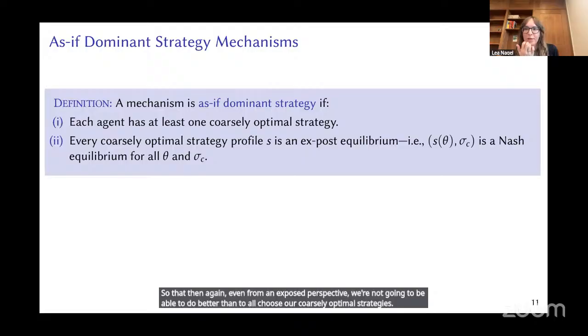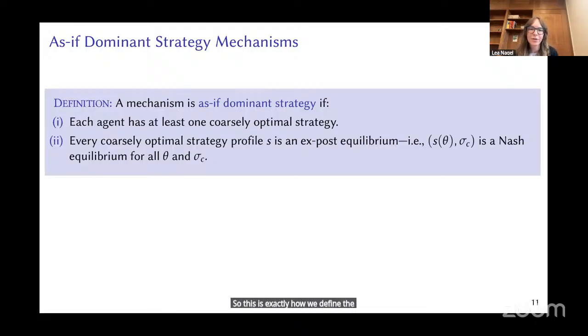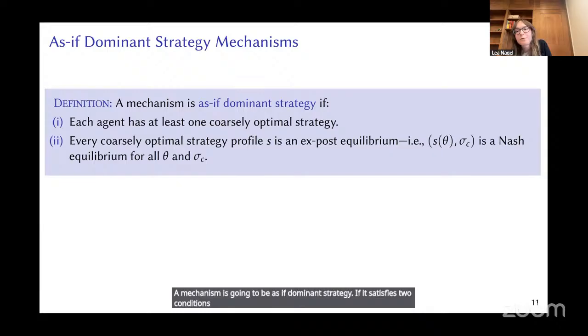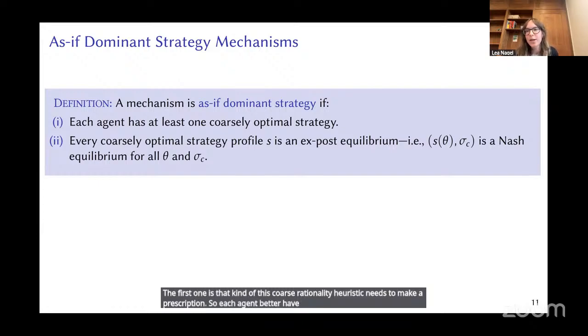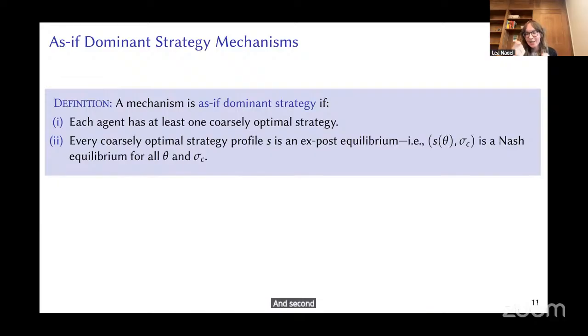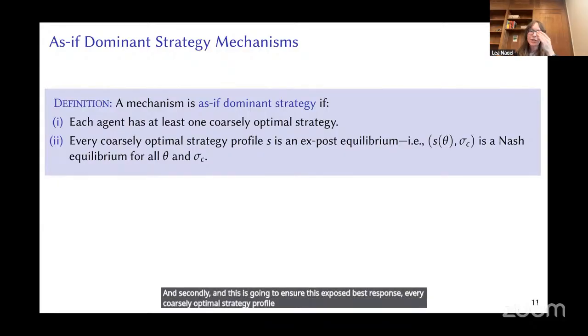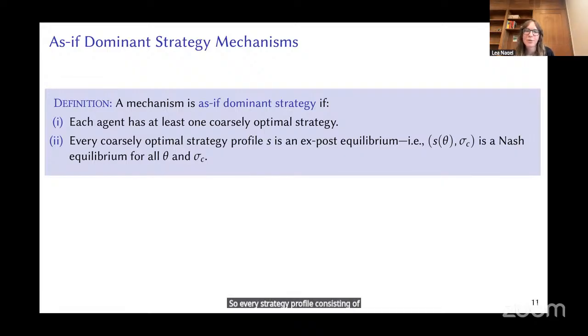So this is exactly how we define the as-if dominant strategy mechanisms. A mechanism is going to be as-if dominant strategy if it satisfies two conditions. The first one is that this coarse rationality heuristic needs to make a prescription, so each agent had better have at least one coarsely optimal strategy. And secondly, and this is going to ensure this exposed best response, every strategy profile consisting of these coarsely optimal strategies is an exposed equilibrium.